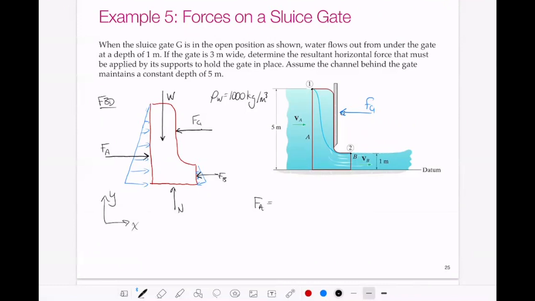Who knows our resultant force at A? Hydrostatic force. Static pressure at A times the area at A, yes. But the static pressure is changing with depth, so it's not constant.